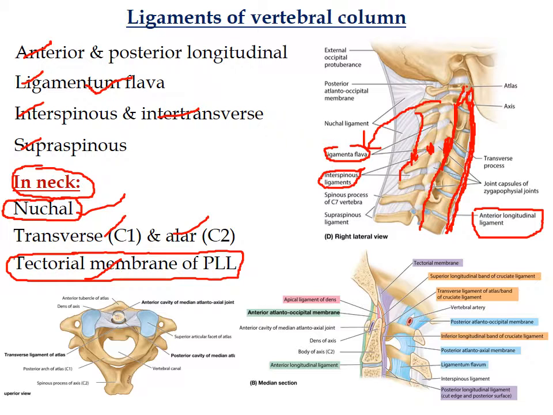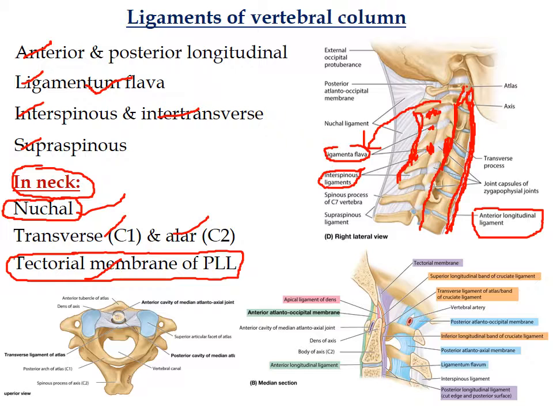Once again I summarize these portions other than the anterior and posterior longitudinal ligaments. We have the ligamentum flava between the laminae. See here, this one between the laminae. Then the interspinous ligament between the spinous processes. Then the intertransverse ligament between the transverse processes, but the tips of the spinous processes are attached by the supraspinous ligament.